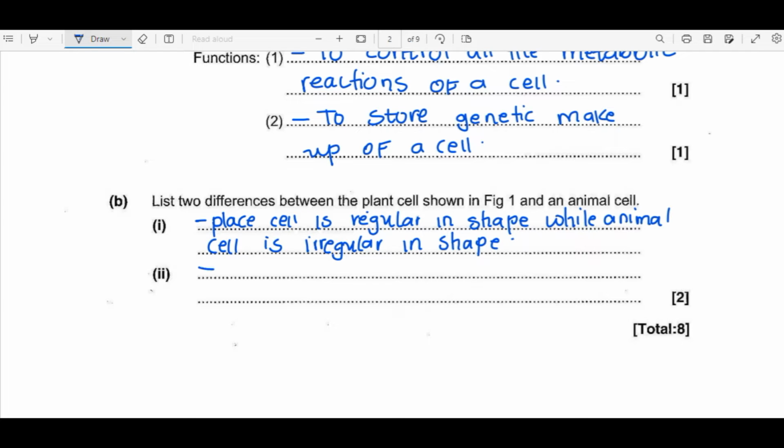The second one, we can say plant cell has a cell wall, whereas an animal cell does not.